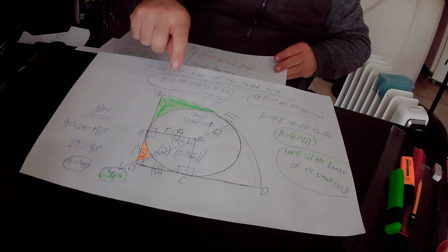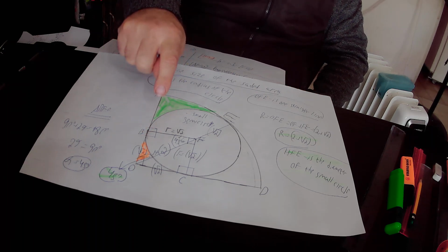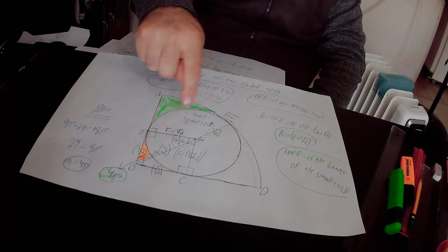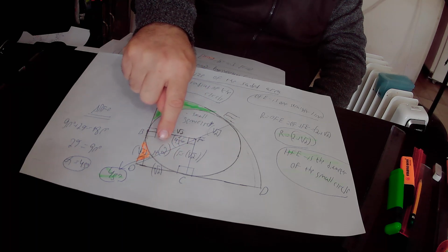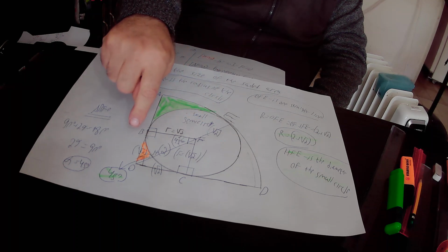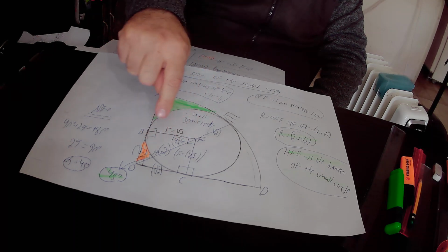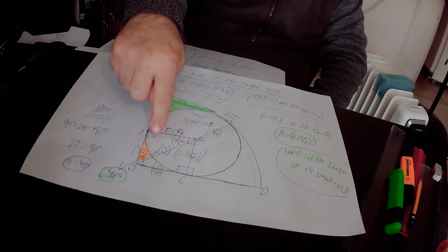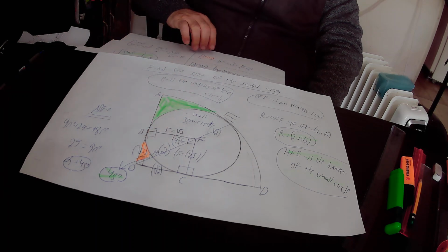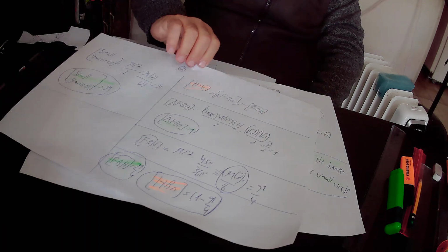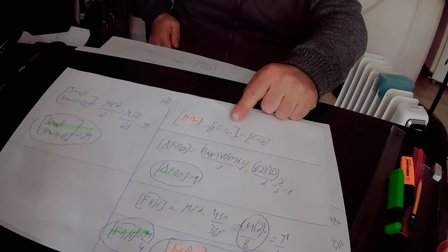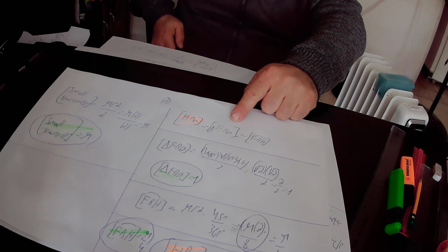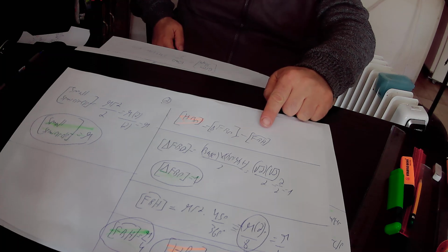From the drawing, it is very easy to see that the area of the orange shape HBO is equal to the area of the right triangle FBO minus the area of this small sector FBH. Again, the area of the right triangle FBO minus the area of the small sector FBH is equal to the area of the orange shape HBO.